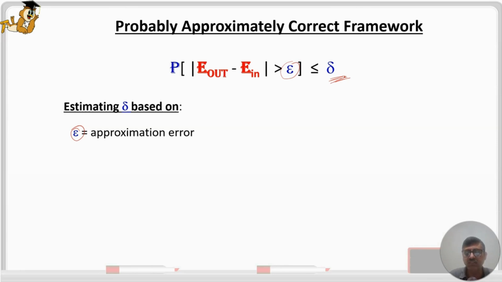But you could say with a very high probability that he will get more than 50% in his final exam if he has got 83 in his practice exam, right? So the band that you permit, the approximation error that you permit, is going to determine the probability of your guess. So delta is going to depend on epsilon, and that makes sense.